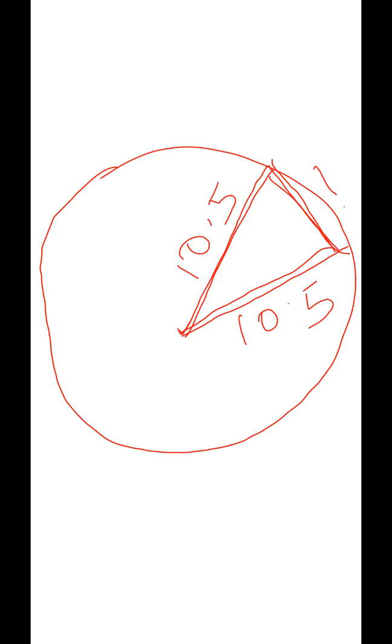One point five. Wait, are you not able to unmute yourself? 1.8. Yes, others, what are you getting? What is the formula for the area of a triangle? I'll tell you. Just tell me the value of this side.